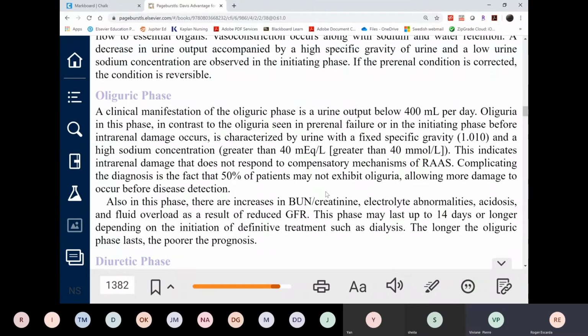Okay, the basis for the fluid restriction will be how much they can handle, or particularly, how much their kidneys can handle. So if their urine output was only 400 ml yesterday, how much are they allowed to drink today?